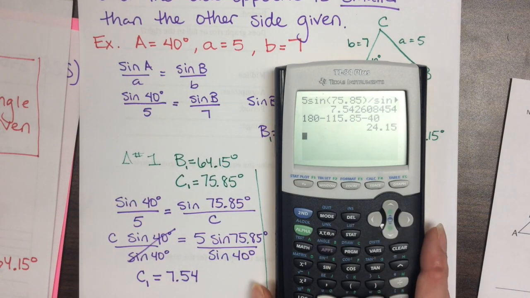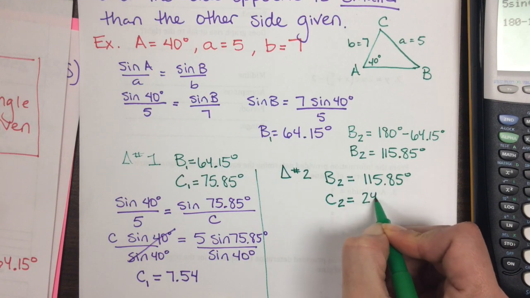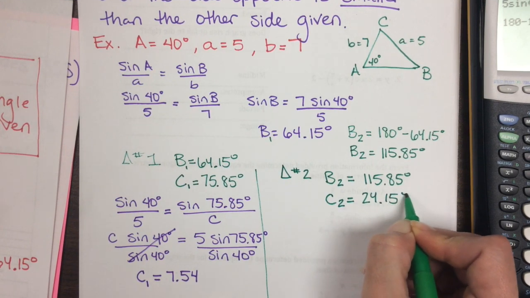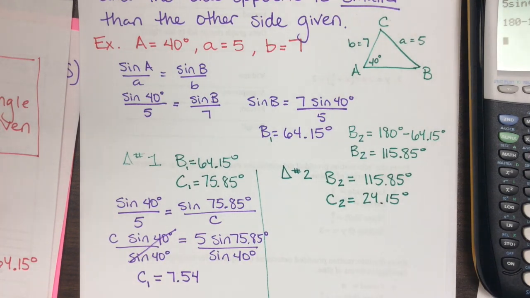And we get that the second version of angle C is 24.15 degrees.